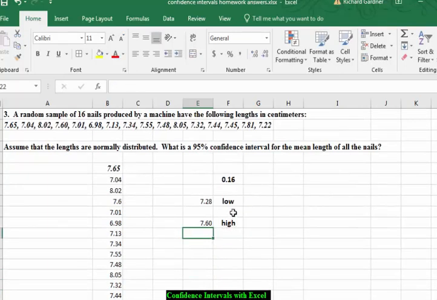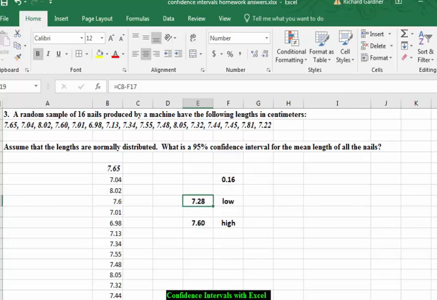So there's your confidence interval. 95% confidence interval that the true mean weight for 16 of these nails should be between 7.28 and 7.60, 95% of the time. Okay, so in other words, we're trying to capture the true population mean of these nails.